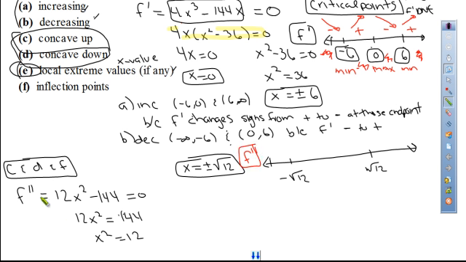So I'm going to be using the second derivative. So I need a number to the right of the square root of 12.